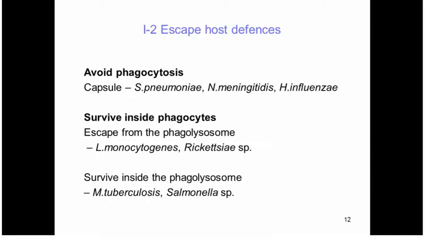So somehow they will subvert the host phagocytic cell and prevent the acidification of the phagolysosome. So this means that proteases, lipases, lysozyme don't get secreted into the phagolysosome and they will not become active. So the phagolysosome can become an environment which allows these bacteria to survive.